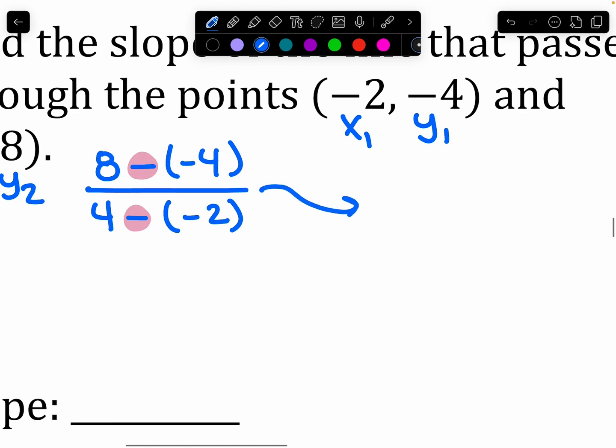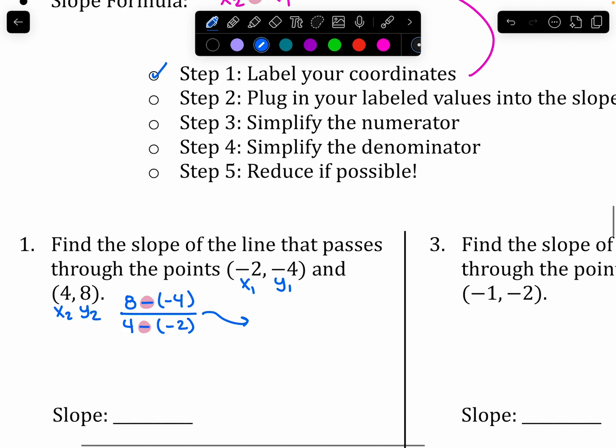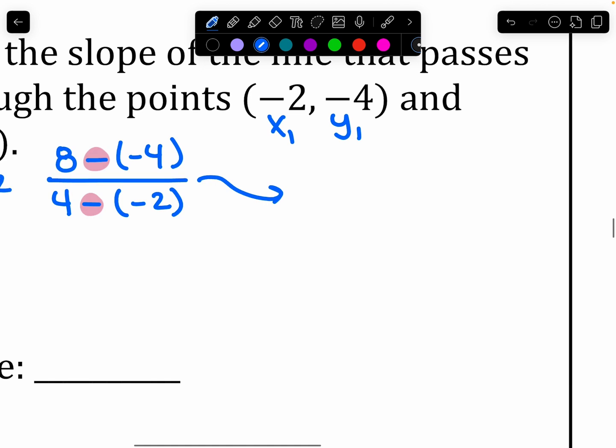So I actually have 2 negatives right now, and that's okay. All right, so now that I've plugged everything into my slope formula, I've done step 1 and step 2, my step 3 is to simplify the numerator. If you did this in your calculator, 8 minus negative 4 is the same thing as 8 plus 4, and 8 plus 4 is 12.